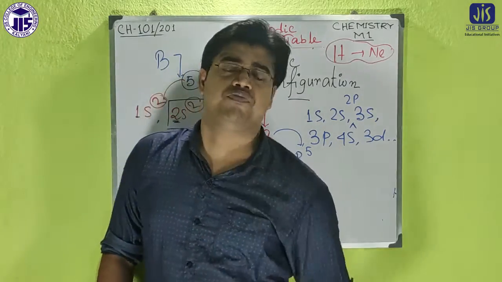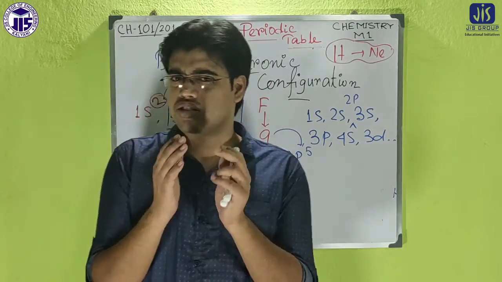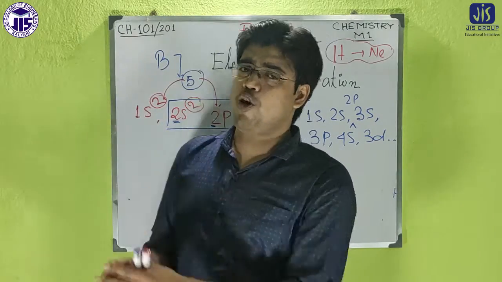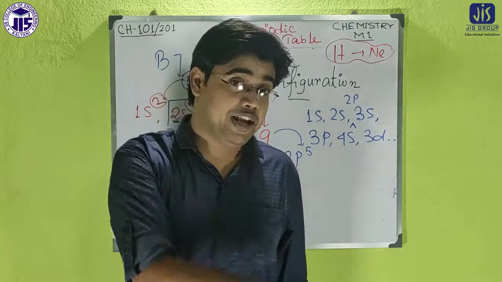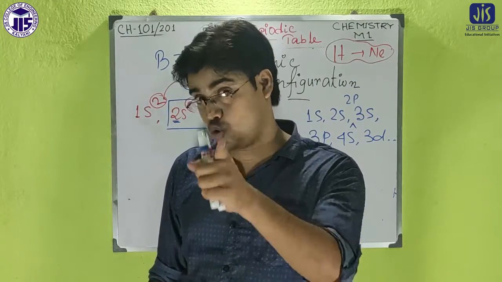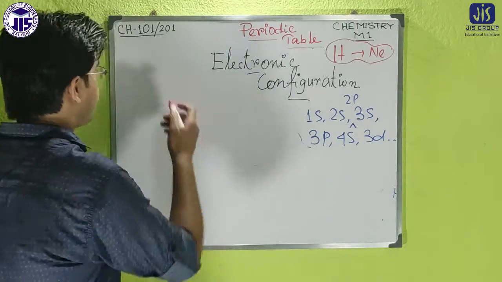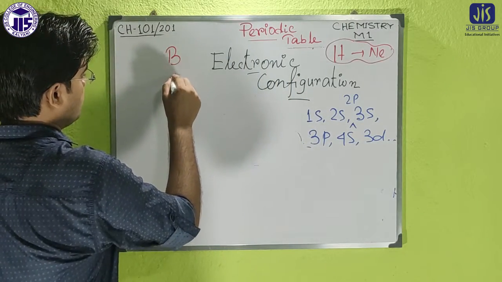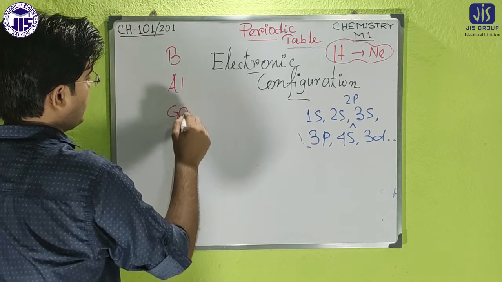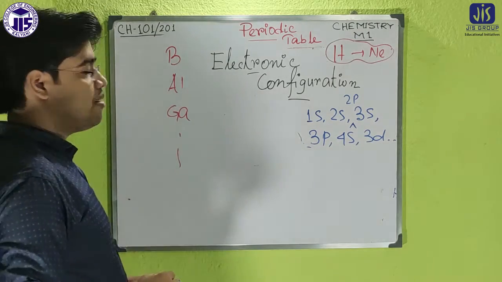Now I told you that you have to keep in mind at least the groups of the s and p block elements. Why, I will show you. Consider any group, like the group of boron: boron, aluminium, gallium, indium, thallium.